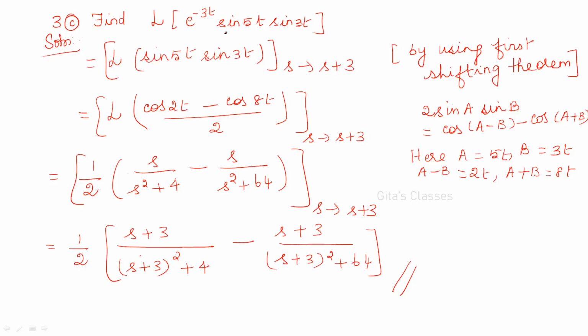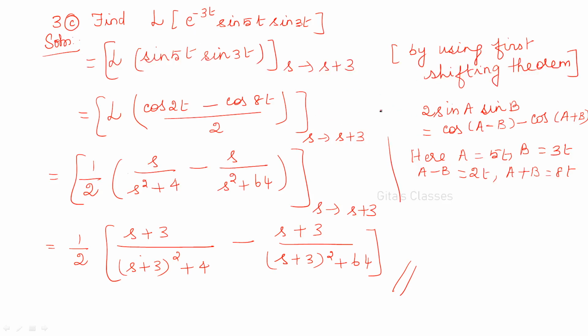Now find L of e power minus 3t into sin 5t sin 3t. If you have a product like this, you have to write it as a sum of functions. Okay. Before that, it is multiplied by e power minus 3t. So without this e power minus 3t, you find the Laplace transform and replace s by s plus 3 by using the first shifting theorem.